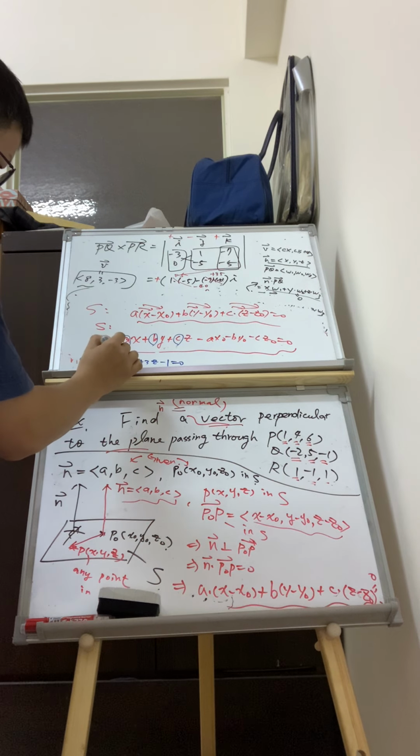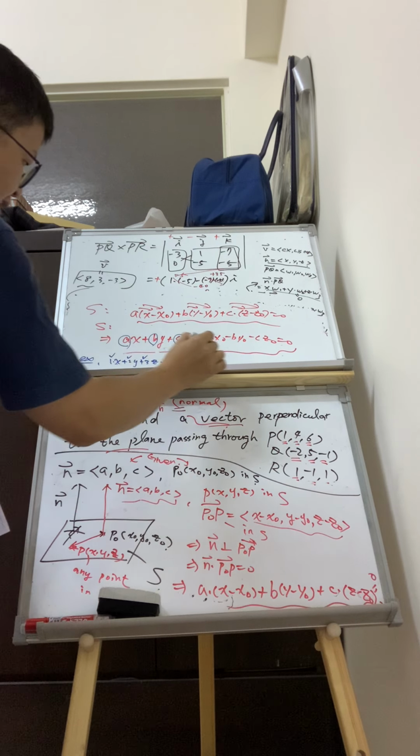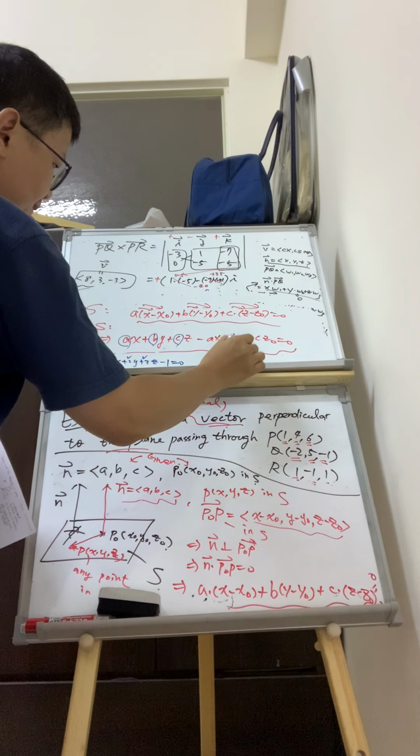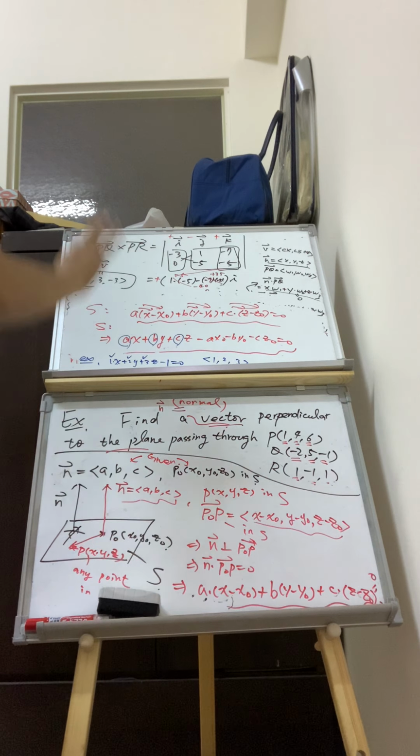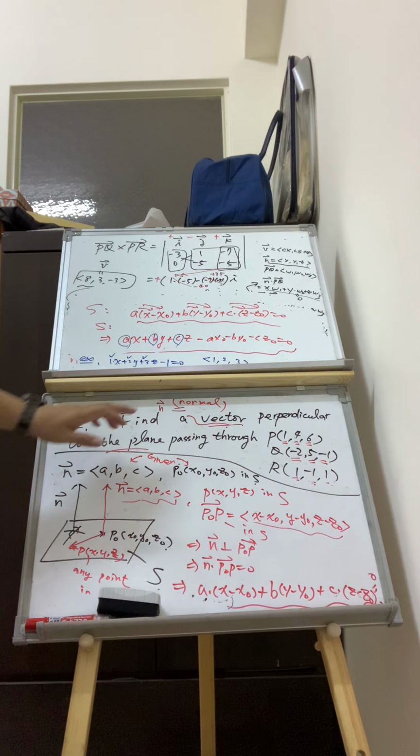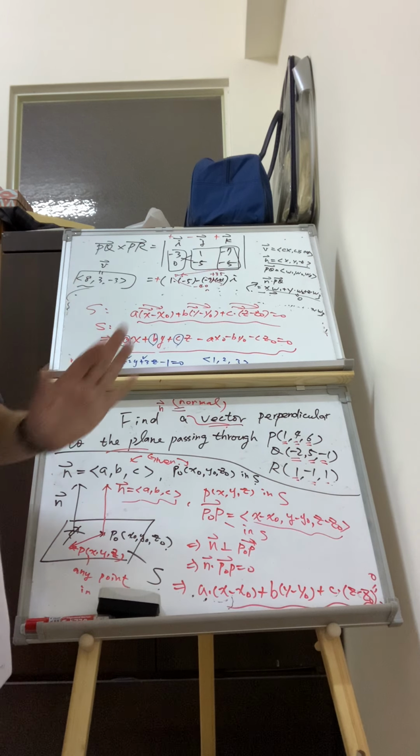It's exactly the coefficients (1, 2, 3). For the example of figuring out the plane, I will tell you next time. It's exactly the material in section 5.